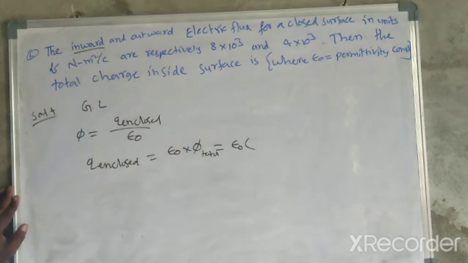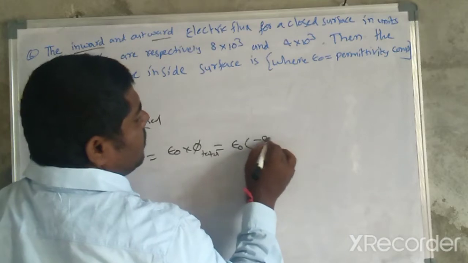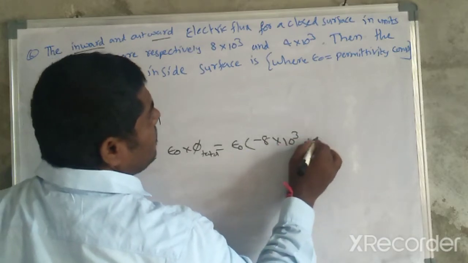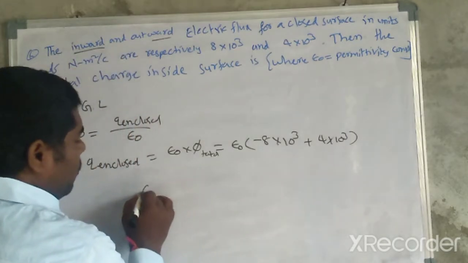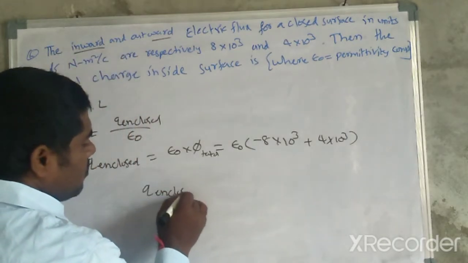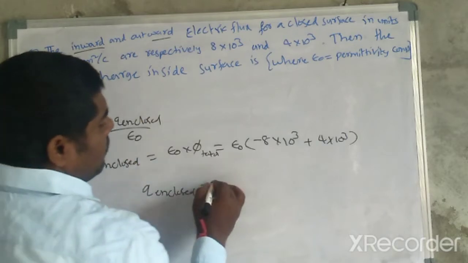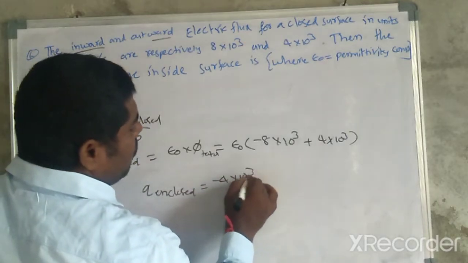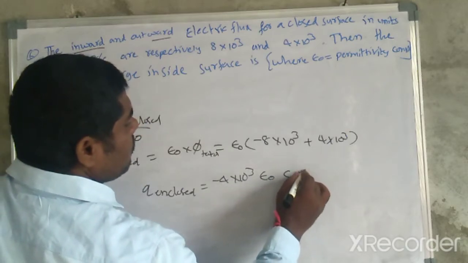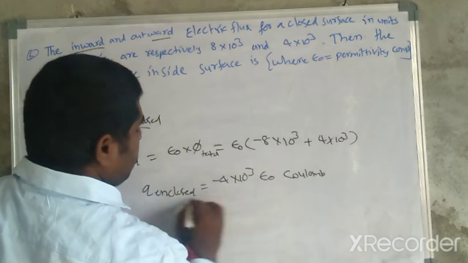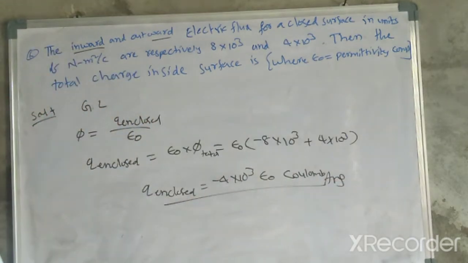Inward flux minus outward flux, positive, as I already said: minus 8 into 10 cube plus 4 into 10 cube. So total Q enclosed is equal to (4 minus 8), that is minus 4 into 10 cube epsilon naught coulombs. This is the answer to the question.